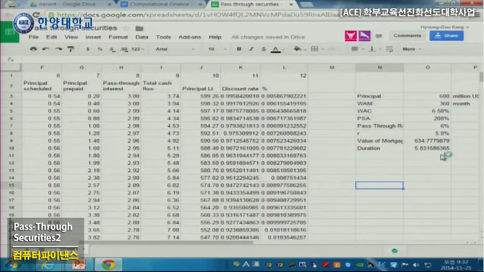And today, why don't we make an Excel Visual Basic code for that, okay? So why don't you open your Excel file and write down Excel VBA code together?